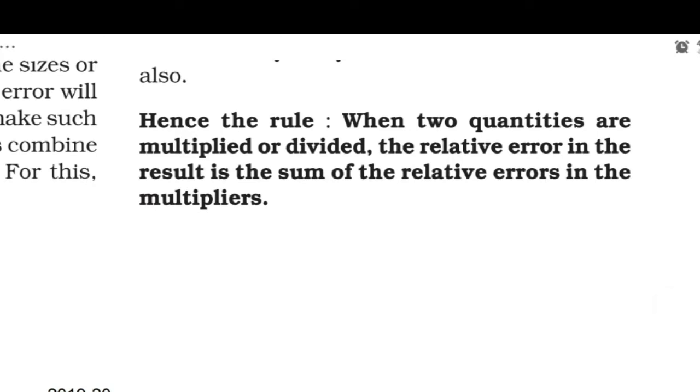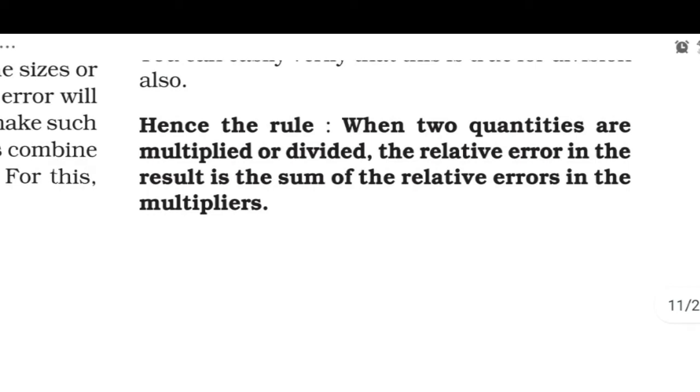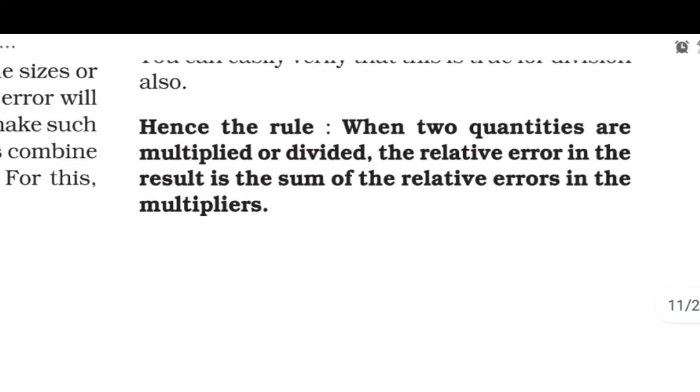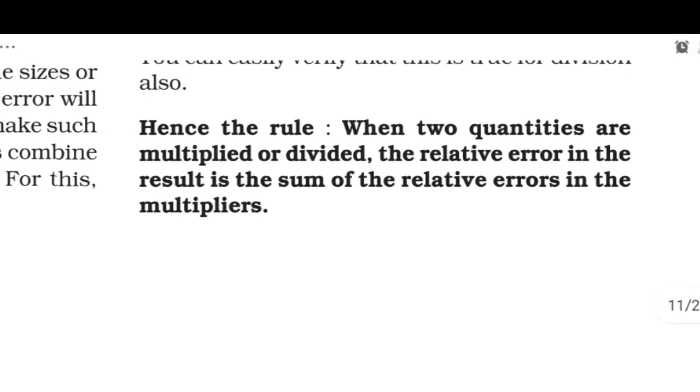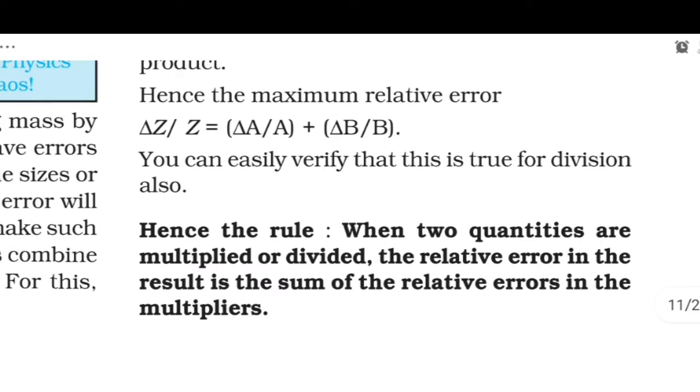That means if Z equal to AB or A by B, then it's not delta Z we are speaking about. We are speaking about the relative error in Z. That is, delta Z by Z is equal to delta A by A plus delta B by B. The rule is the same whether Z equal to AB or A by B. In both product and quotient, the relative error will be equal to the sum of relative errors in the individual measurements. So that is the rule.